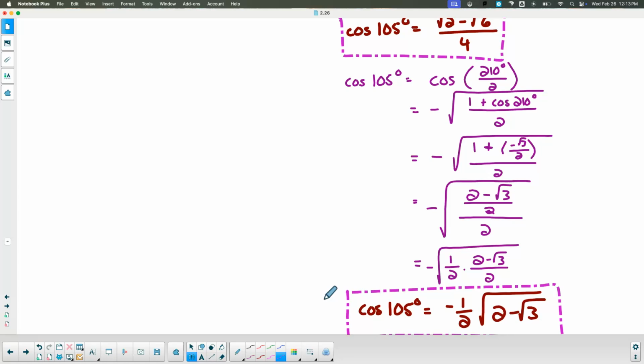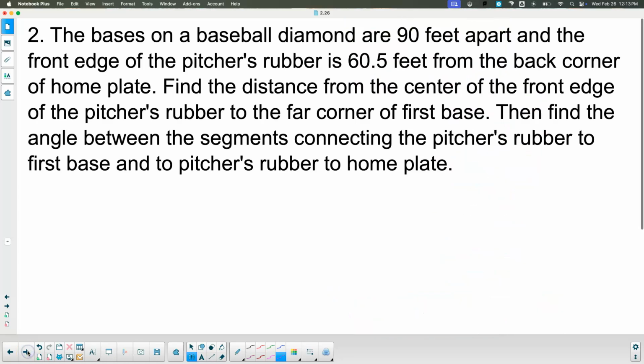Seeing, hearing none, let's go on to a word application of law of sines or law of cosines. The bases on a baseball diamond are 90 feet apart, and the front edge of the pitcher's rubber is 60.5 feet from the back corner of home plate.